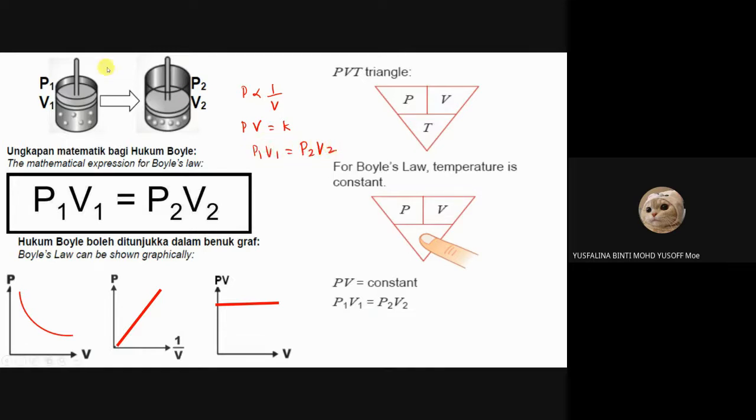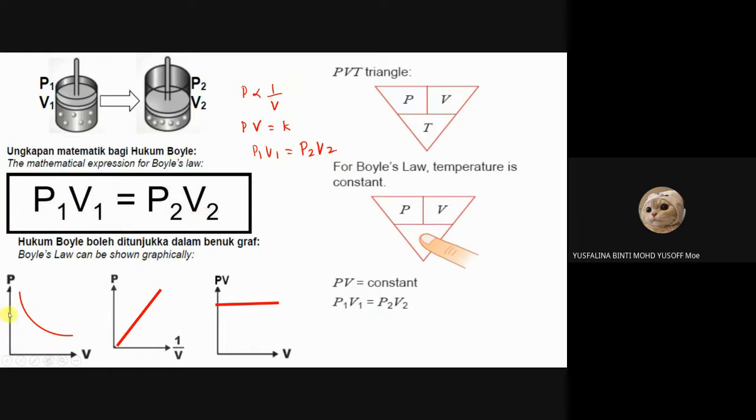This is before I push the syringe, and this is after I push the syringe. So P1 V1 equals P2 V2, this is before, this is after. So this is the equation here.